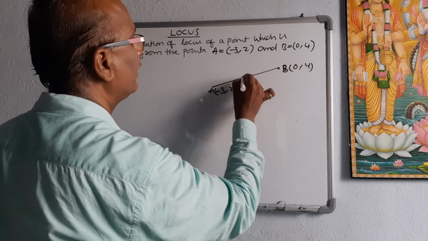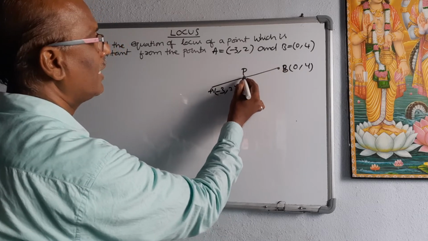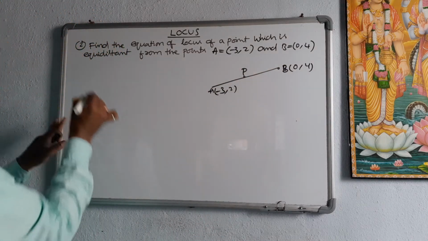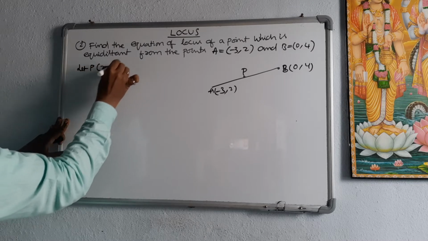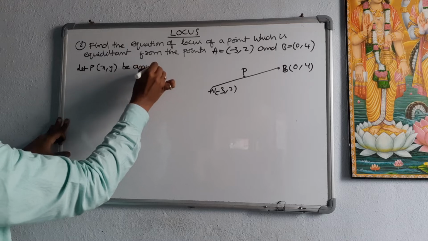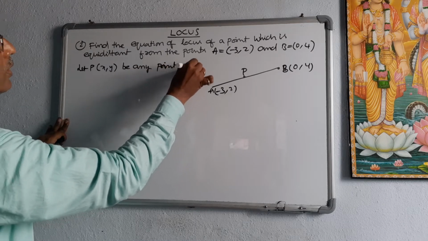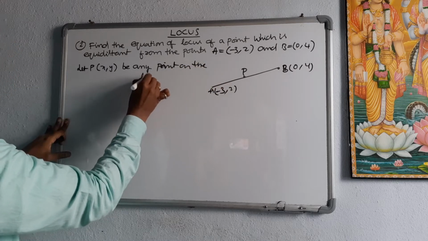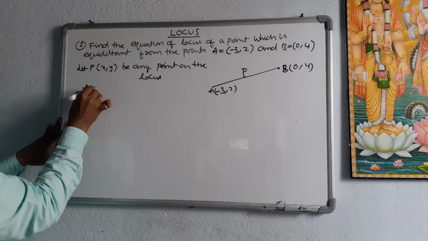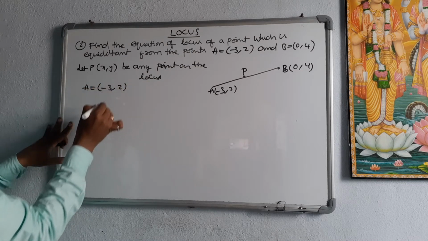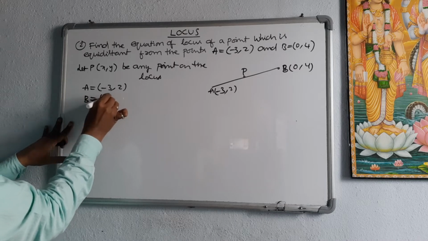The locus point is equidistant, so PA is equal to PB. Let P(x, y) be any point on the locus.